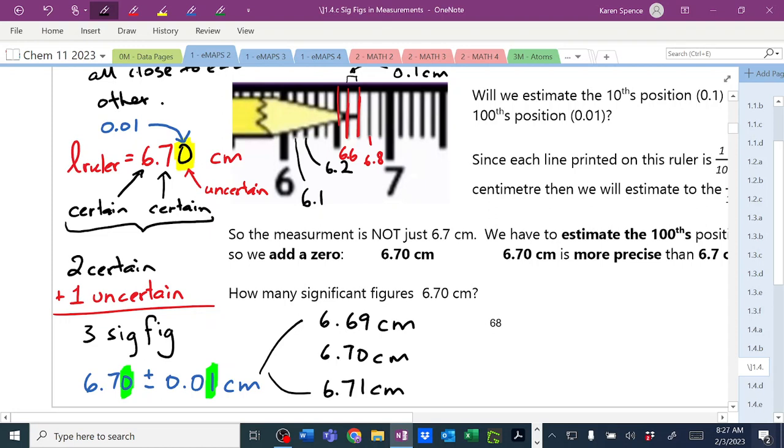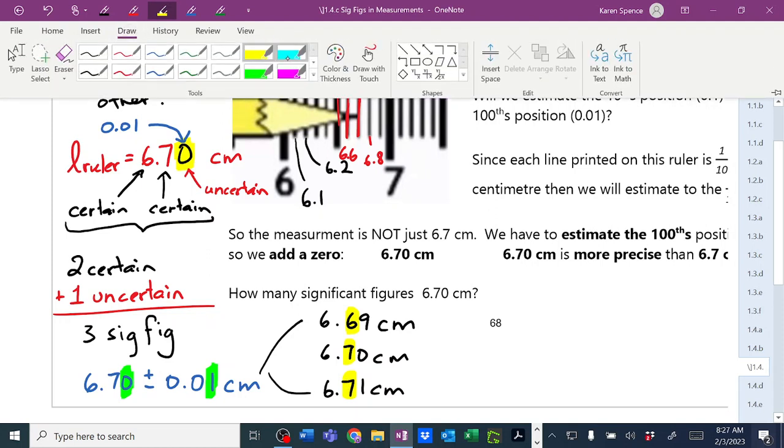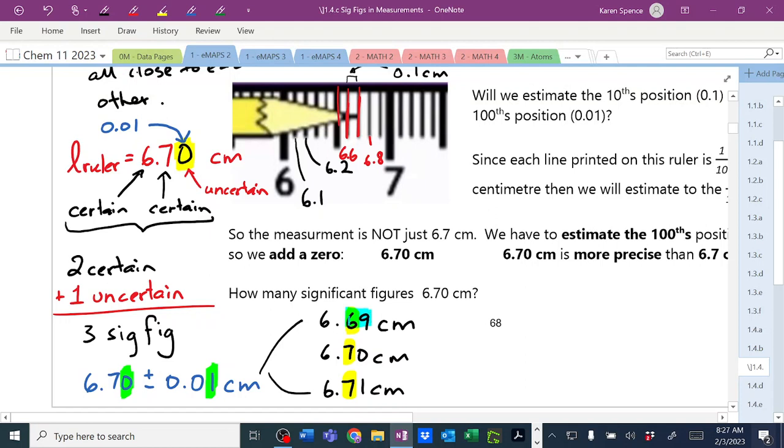First thing I want to point out there is that even though we have a 6 in the tenths position and a 7 in the tenths position in those measurements, that's not an uncertain digit, because when we're changing from 6.69 to 6.70, we're not actually changing the tenths position. What we're doing is we're adding 0.01. We're actually changing the hundredths position. So hopefully that makes sense. If not, you can ask me about that later.